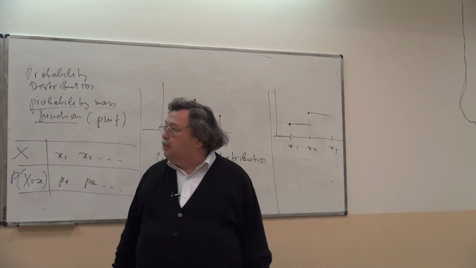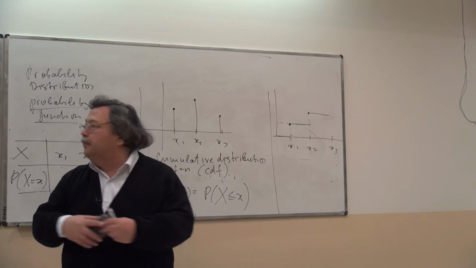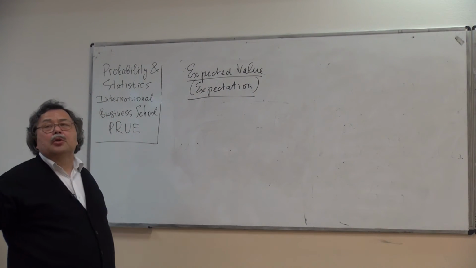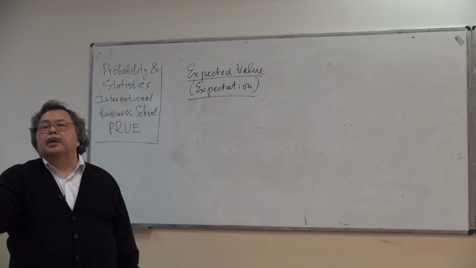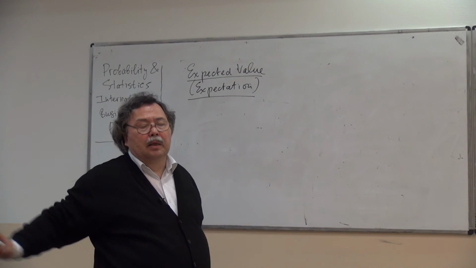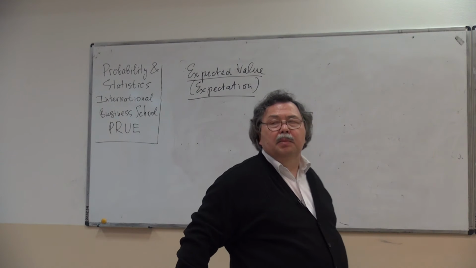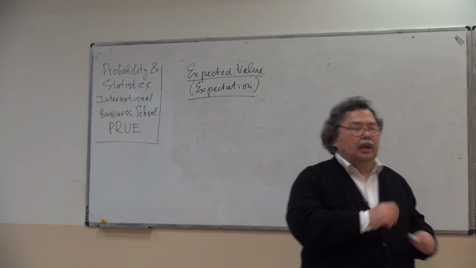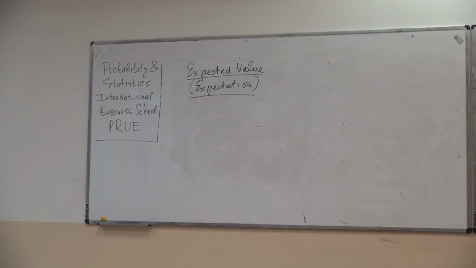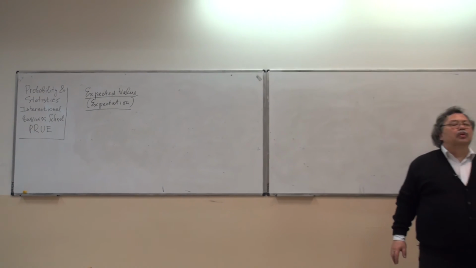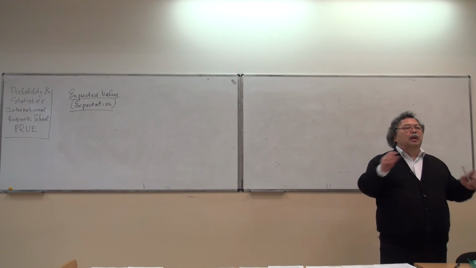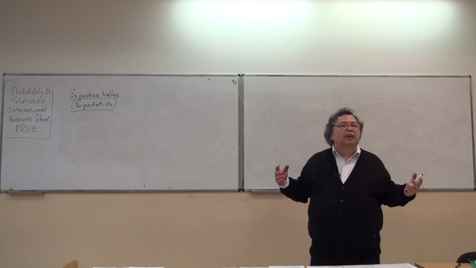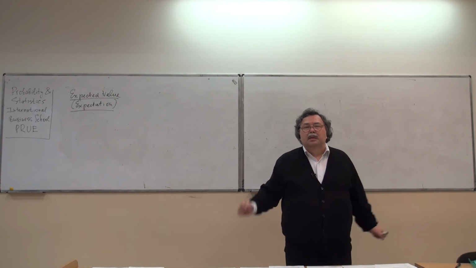Now let's talk about expected value or expectation. Expected value, or a shorter term, expectation. Sometimes they say mathematical expectation to emphasize the mathematical nature of it. Now, what is this about? Quite often, we don't really need to use the distribution of a random variable in all its details.